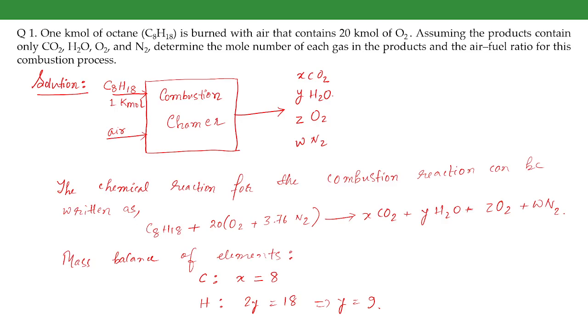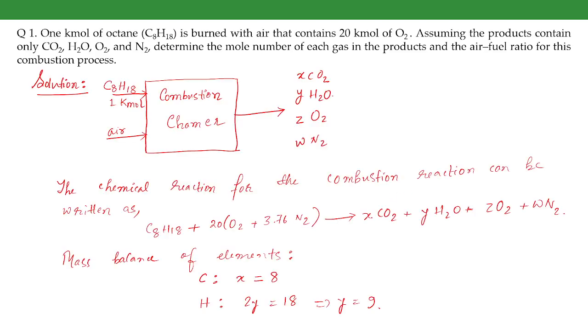Now we are balancing oxygen. So for oxygen it will be twice x plus y plus twice z, is equal to 40.